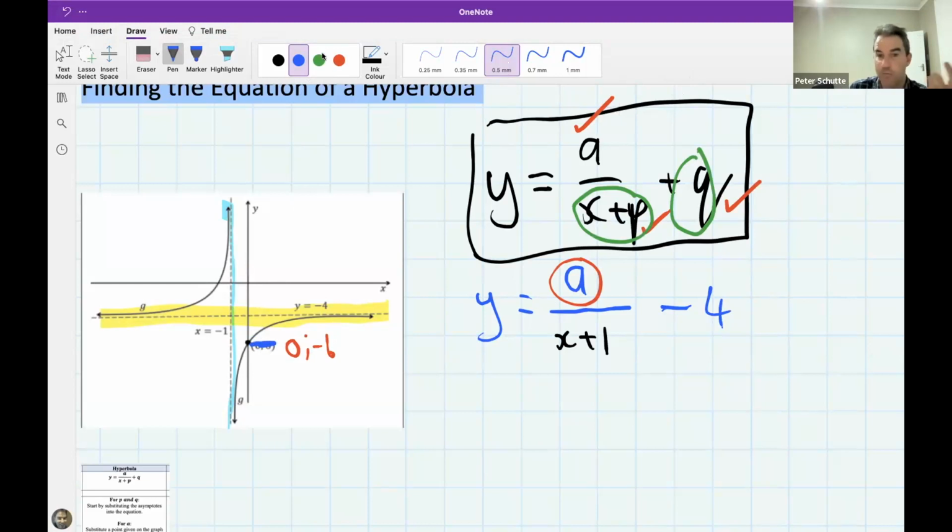Yeah, so Kat has suggested, and we've done this quite a few times, you just sub it in. And so I'm going to put a -6 here for y, and then I'm going to put 0 plus 1, because there's a 0, and then there's a -4. Work out for me what the A value is.